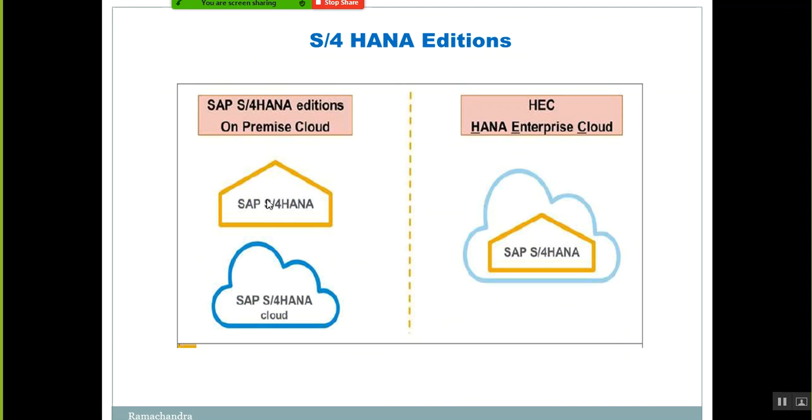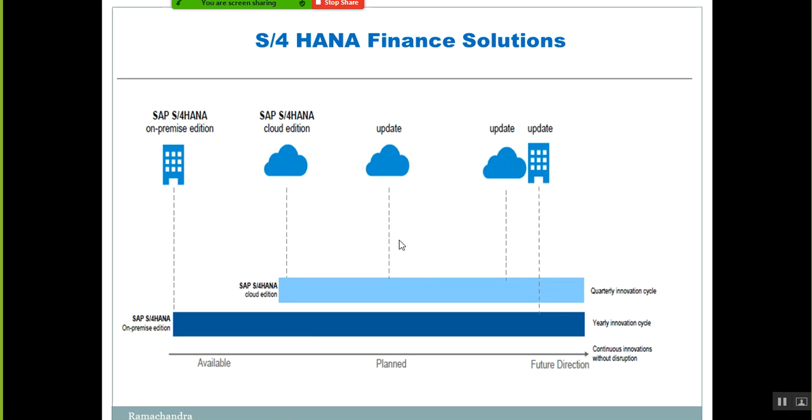So this is the on-premise, and this is SAP S4 HANA Cloud. If you want the same on-premise functionality, everything the same, only you don't want to maintain the server hardware infrastructure-wise, and that needs to be maintained by a third party or someone else, then you can keep your on-premise edition in the cloud, which is called HANA Enterprise Cloud.